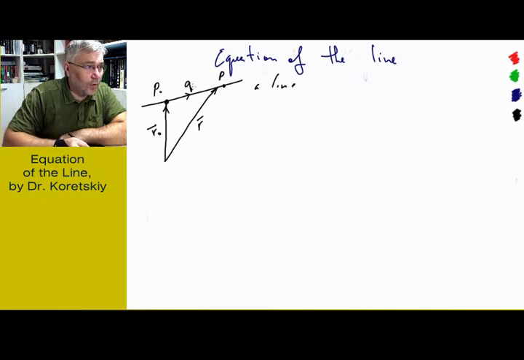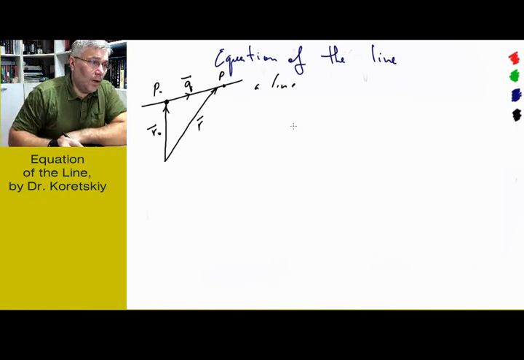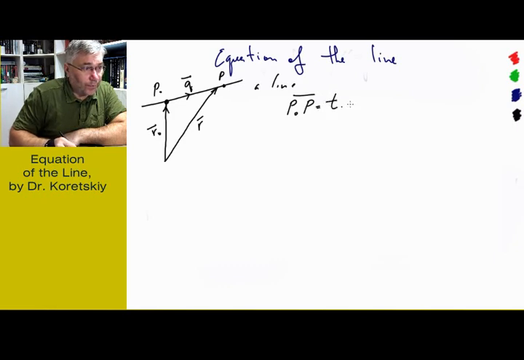And for example, I have a q vector which lies on the straight line. I can denote vector P0P like some number t times q.